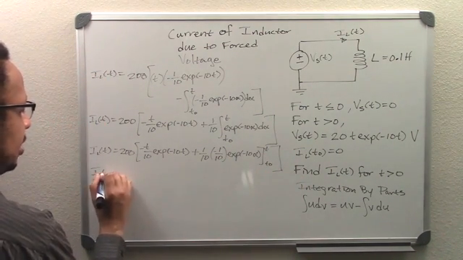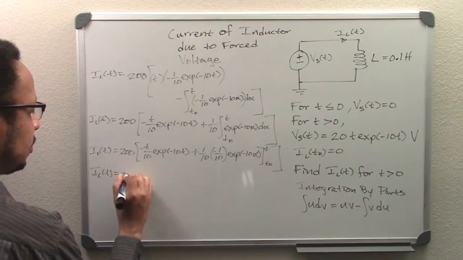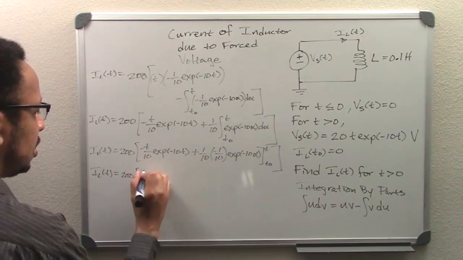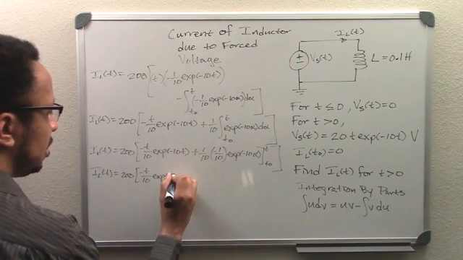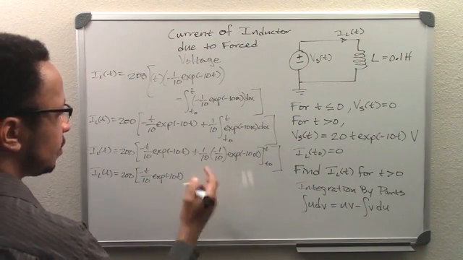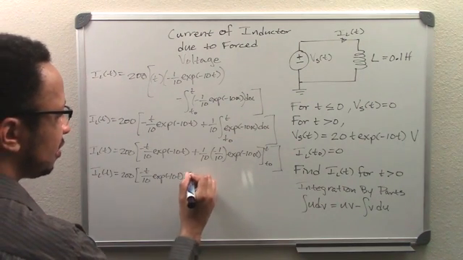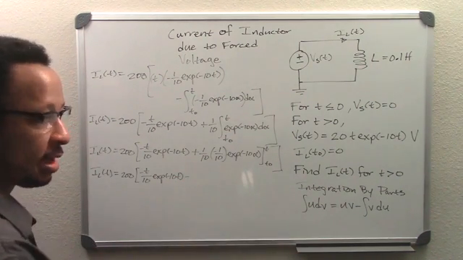Next, iL of t equals 200 times negative t over 10 exponential negative 10t. And then now what we have here is negative 10 times negative 10, that's 100.